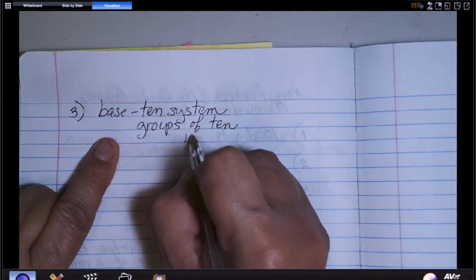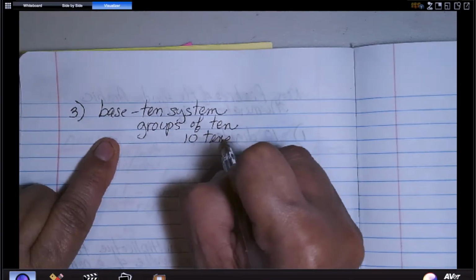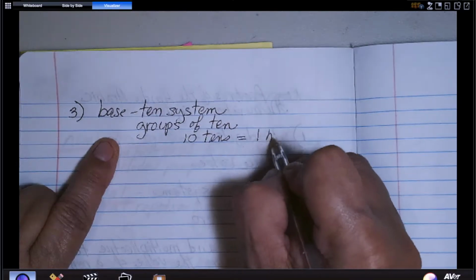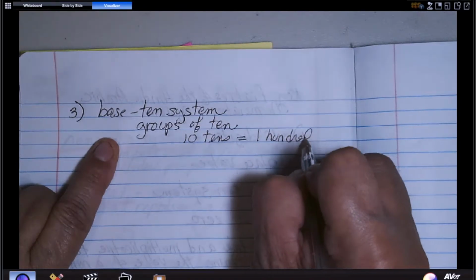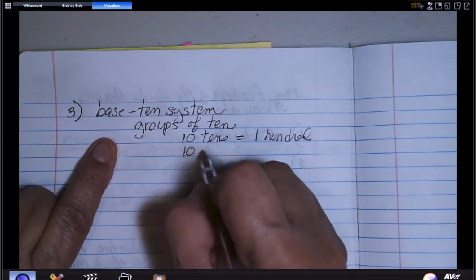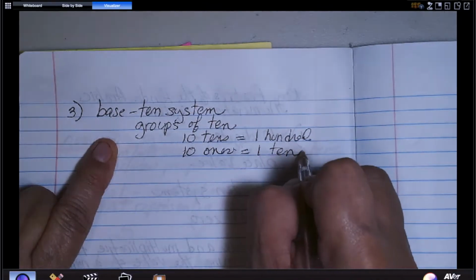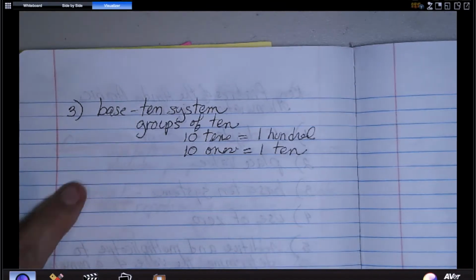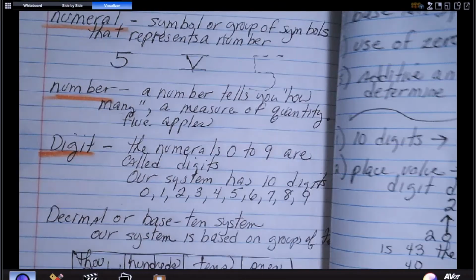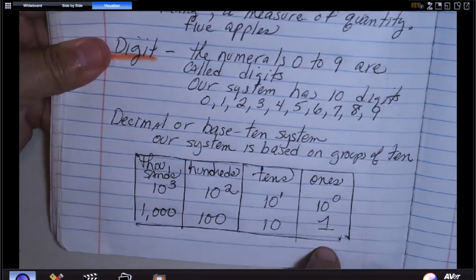For example, we know that 10 tens is equal to 100. We know that 10 ones is equal to 10.